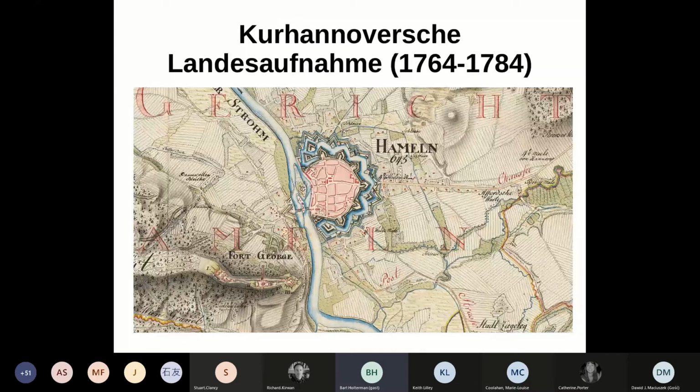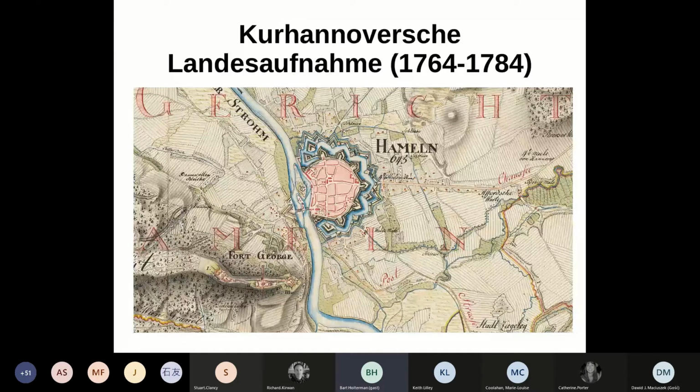And then we have to use the earliest detailed, accurate maps that actually show the exact course of roads. And these usually date from the late 18th century. Here is an example of the Kurhannoversche Landesaufnahme, Northwestern Germany, basically, which dates from the late 18th century.